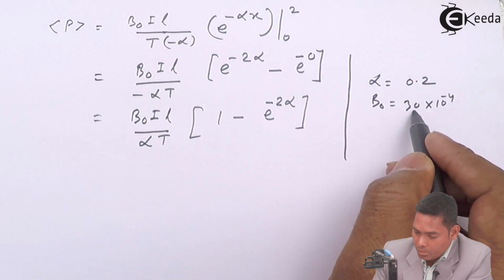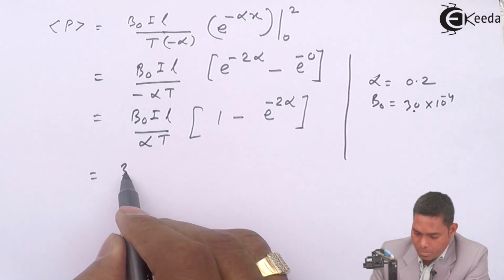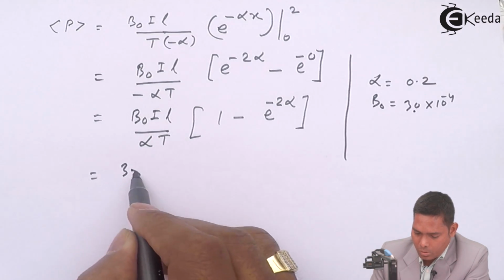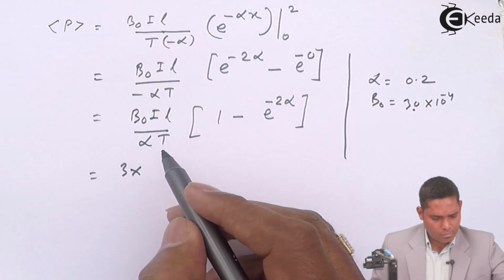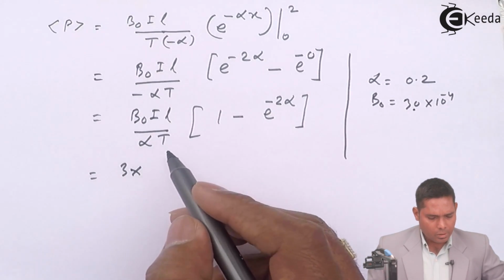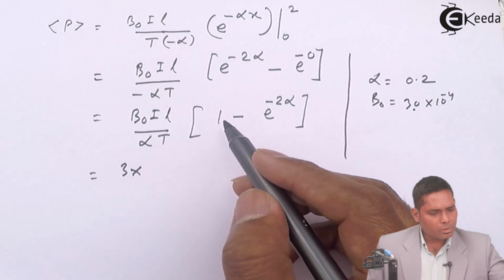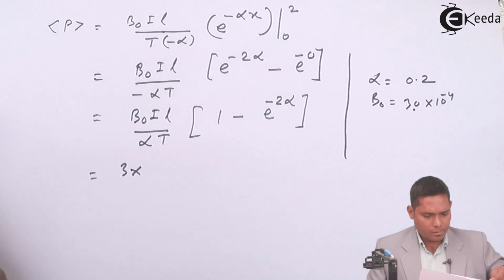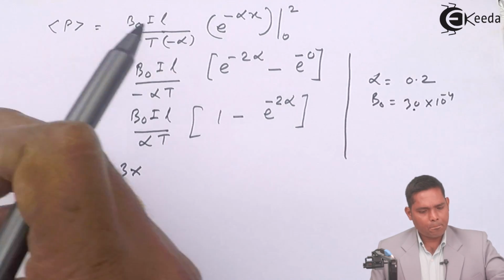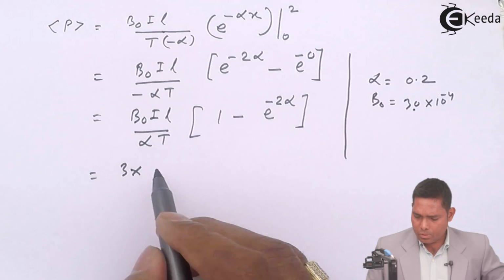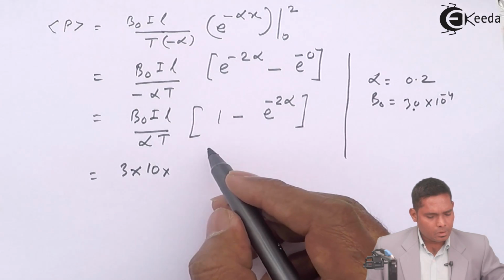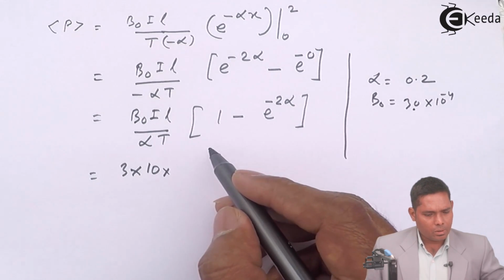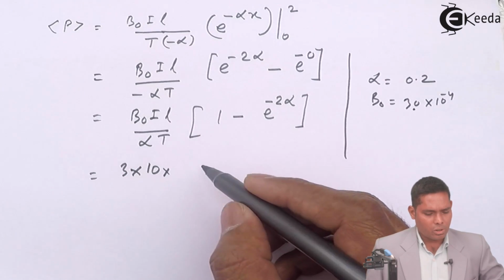That is 3.0, then I naught, how much was taken? Current of 10 amperes, so this is 10. Length of the conductor is minus 1.5 to 1.5, so it is 3.